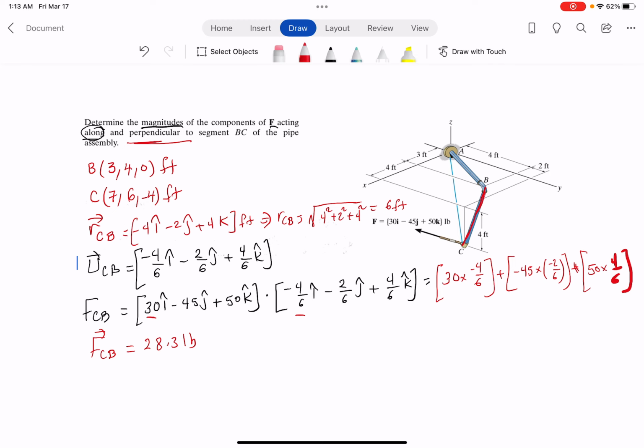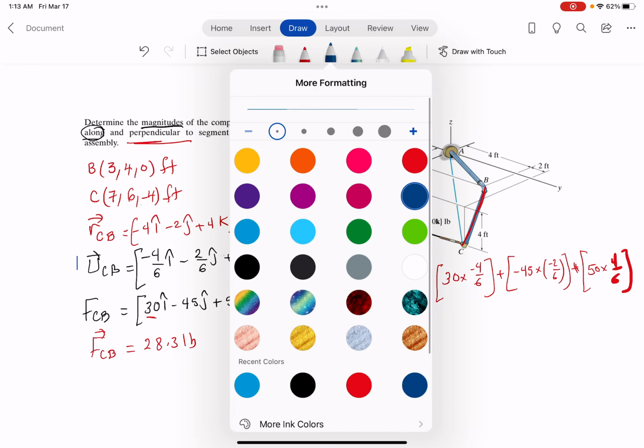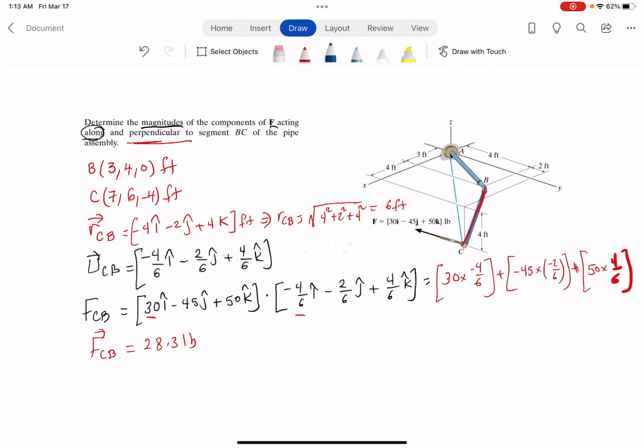If you look at the note, it shows that the actual force squared, in scalar format, is equal to the force along the line under study squared plus the force perpendicular to that line squared.